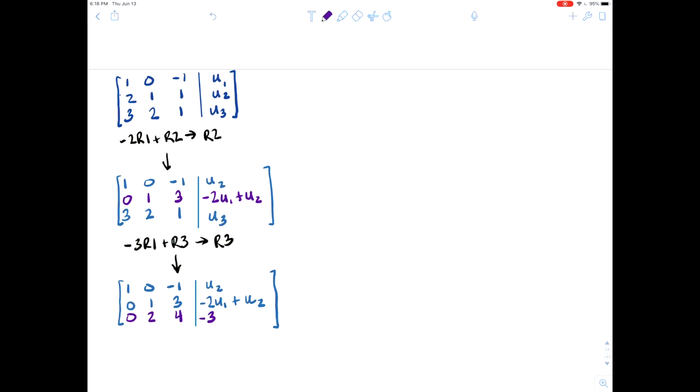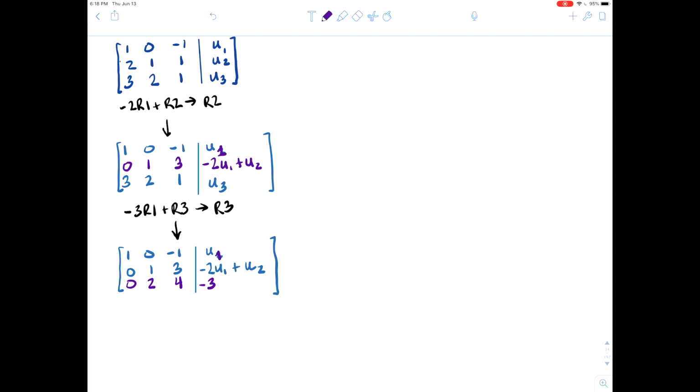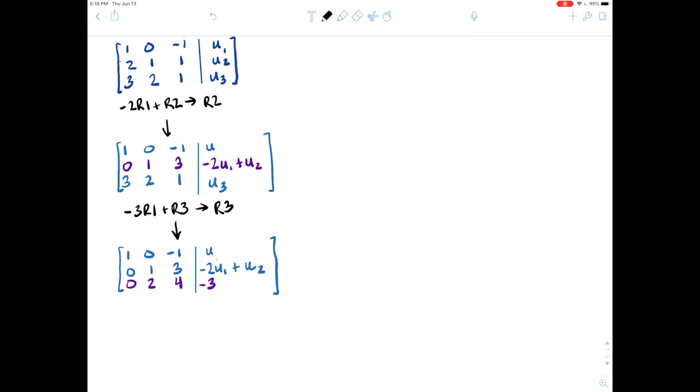And then we would have a negative 3. Oh, and I'm sorry, I just saw something weird. This should be U1 still. My bad. You see where I made the change? I'll do the correction in black so you see that it was a correction.